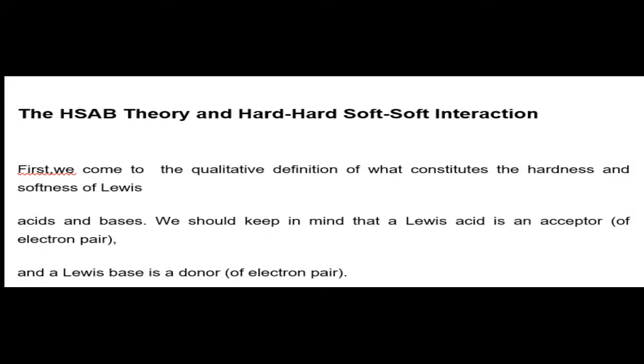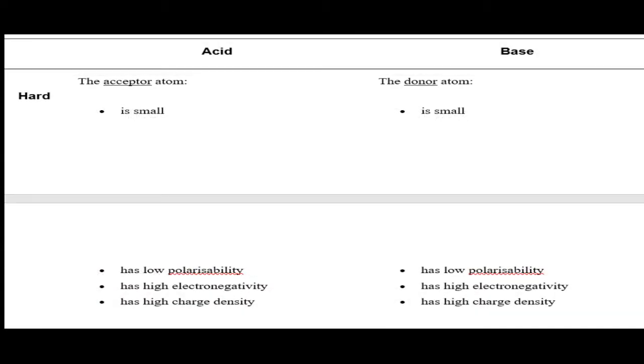Now we come to the explanation of hard and soft acid-base theory and hard-soft interaction. We should keep in mind, as I already told you, that a Lewis acid is an acceptor of an electron pair and a Lewis base is a donor of an electron pair.